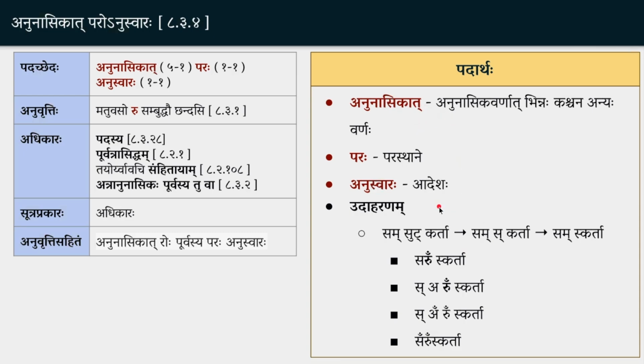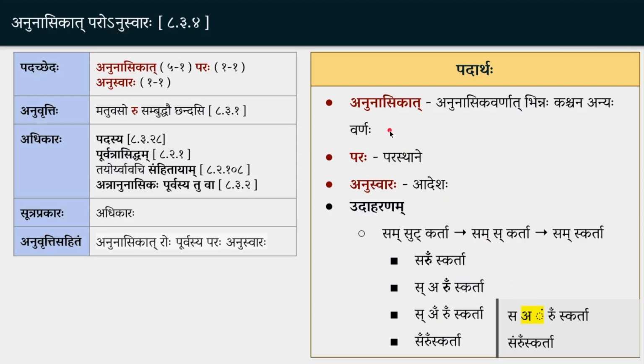So either the first works or the second works. If the first works, then akara gets anunasika akara. If the second works, this sutram comes, then the anuswara comes as an adesha. In the second case, the anunasika adesha does not happen as per the first adhikara sutram. The akara stays as it is.